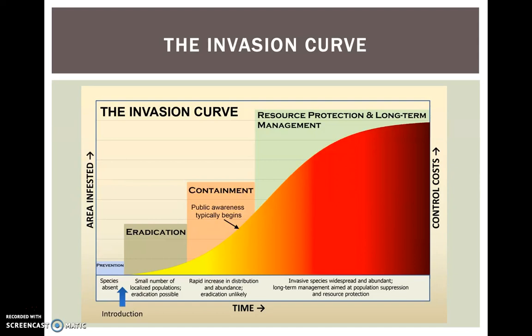What step is taken is all determined by what level of invasion a species is at, as seen below, including the absence of a species, a small number of a species, a rapid increase of distribution and abundance of a species, and the widespread and abundance of a species.